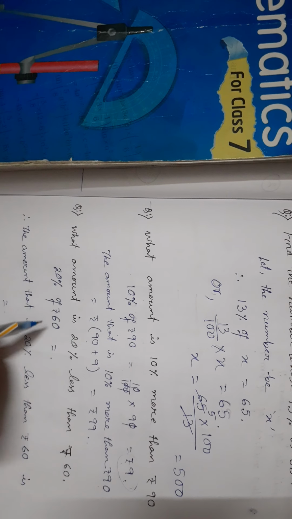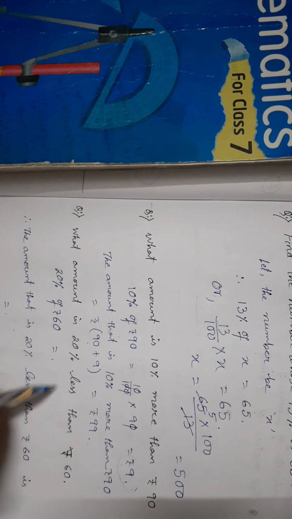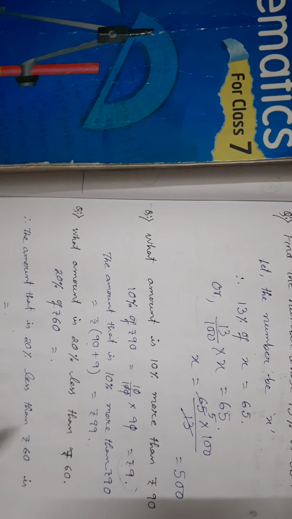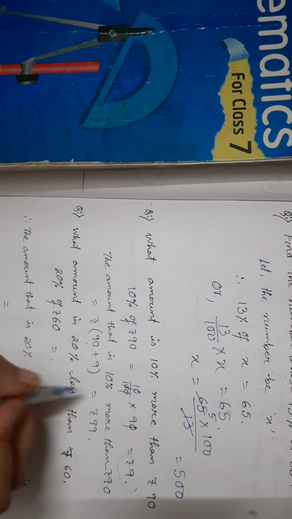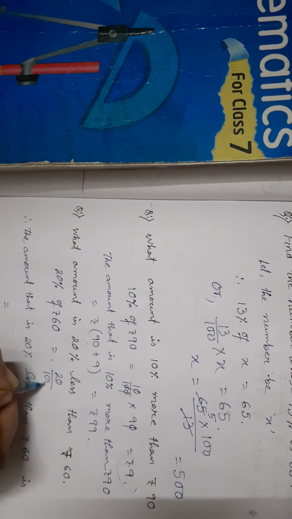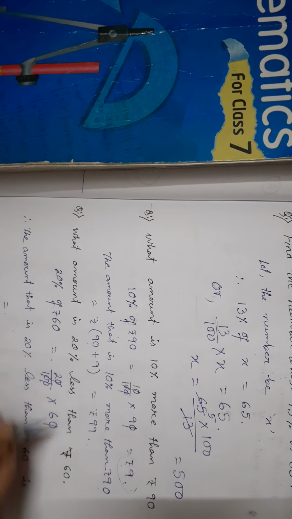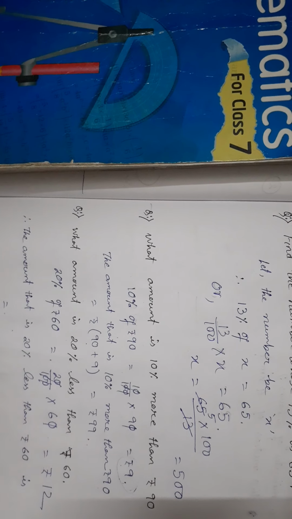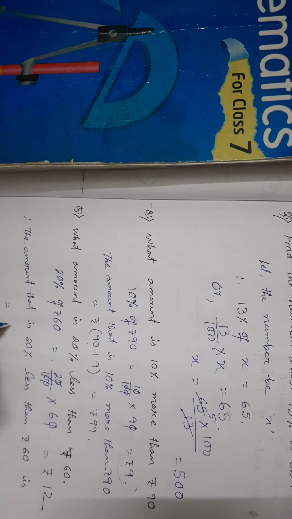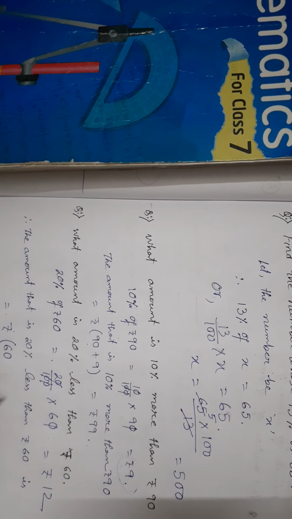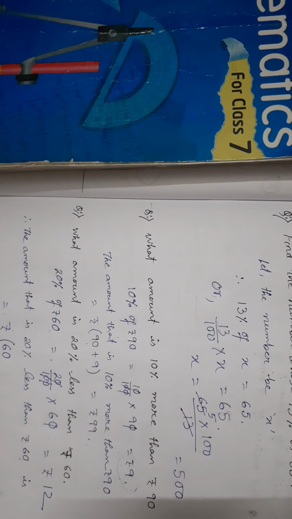Similarly, one more sum is also given. You can see here, what amount is 20% less than rupees 60. 20% of 60 we can find out. 20% of rupees 60 means it will be 20 by 100 into rupees 60. So these zeros will cancel, so it will come rupees 12. Now the amount that is 20% less than rupees 60, to find this out we need to subtract 20% of rupees 60 from 60, right?